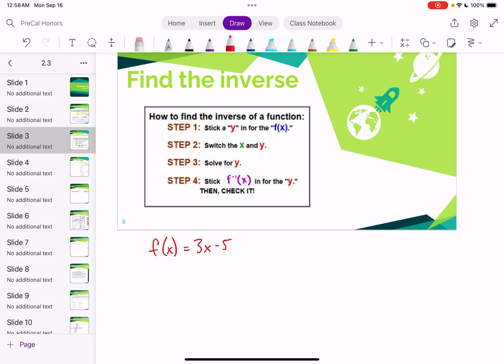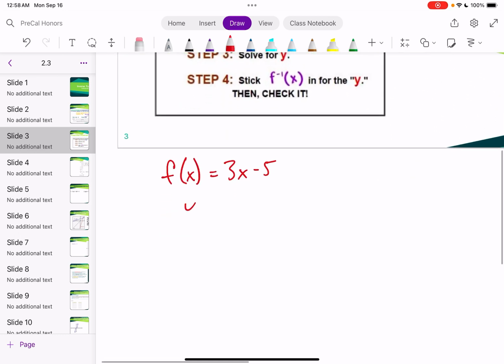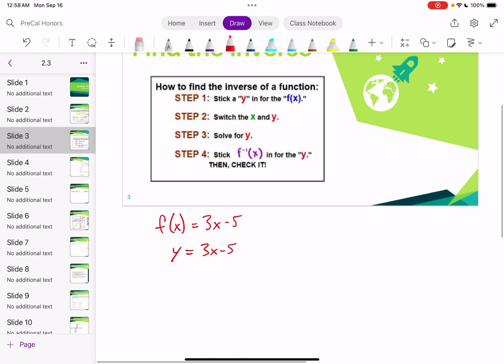This will be our sample problem. Our first step is to replace f of x with y. So we would go with y is equal to 3x minus 5. From there, we are going to switch the positions of the x and y, which means x would come into the front of that equation, x equals 3y minus 5.